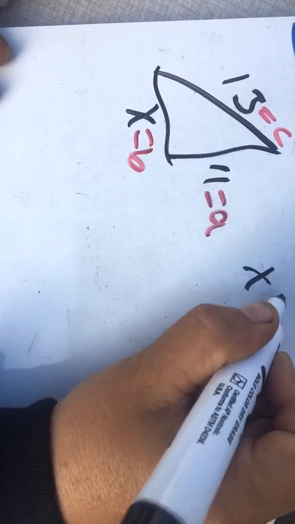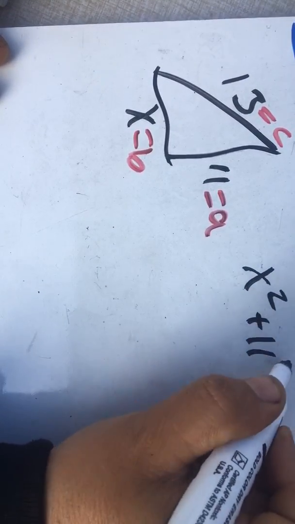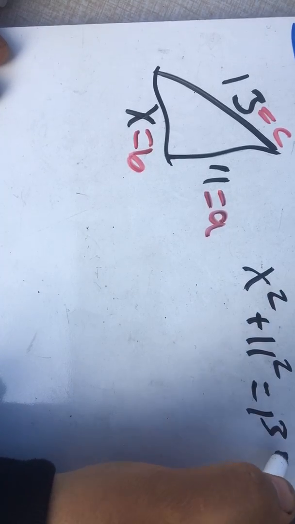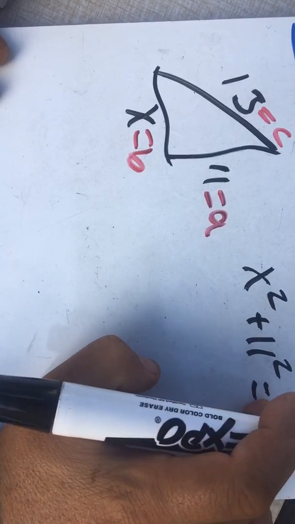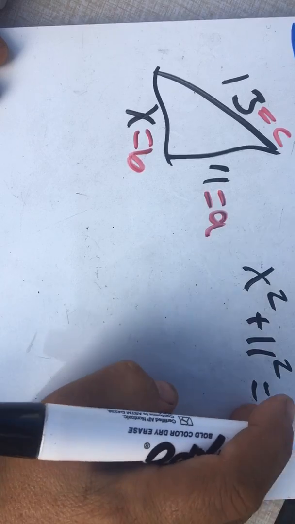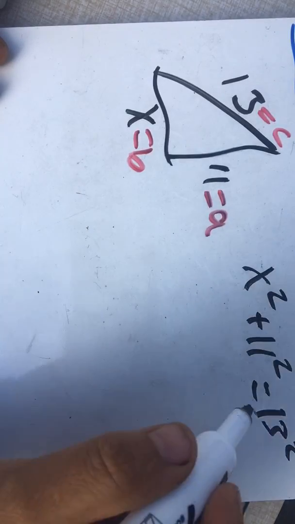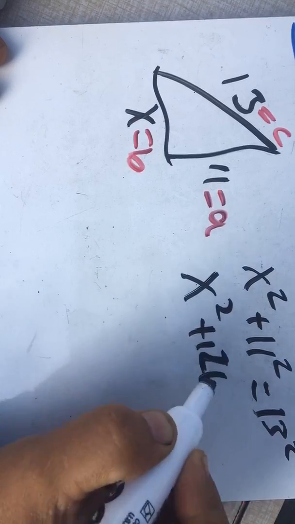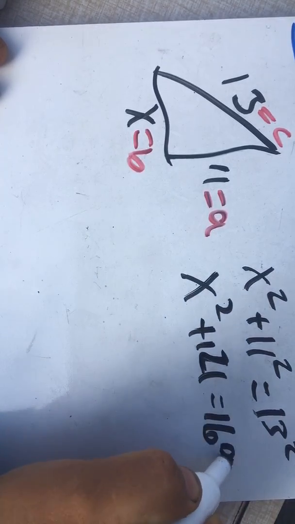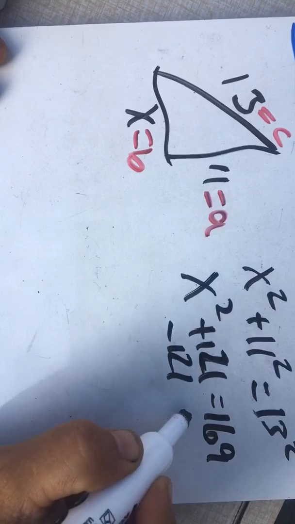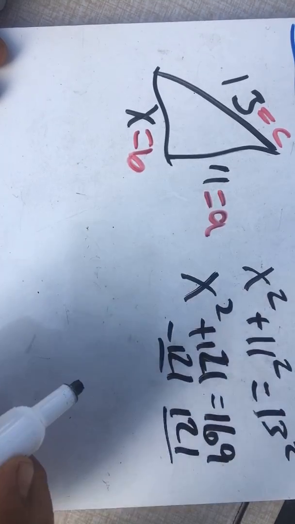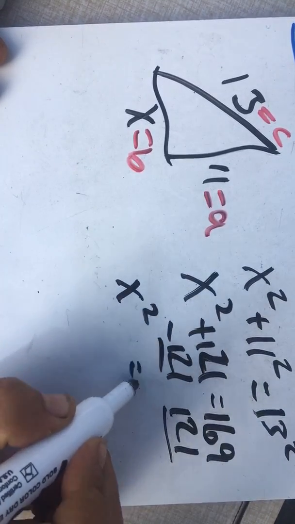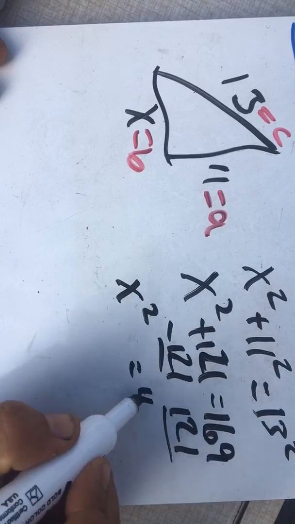This is now x squared plus 11 squared equals 13 squared. Sorry, I got a little off. Alright. And then we go x squared plus 121 equals 169, minus 121 from both sides. I get x squared is the remaining 48.